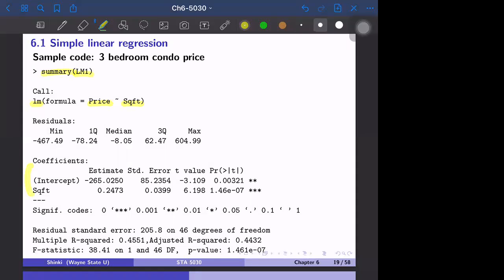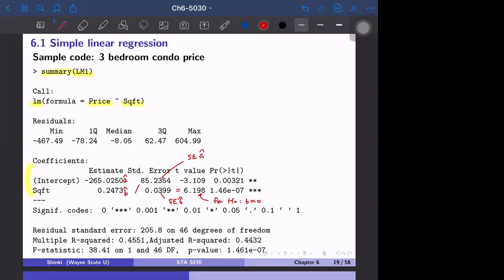You can see A hat, this is B hat, this is the standard error of A hat, and this is the standard error of B hat. And this is the test of the hypothesis that B is equal to 0. Basically, B hat divided by the standard error of B hat, and this ratio is equal to 6.198.